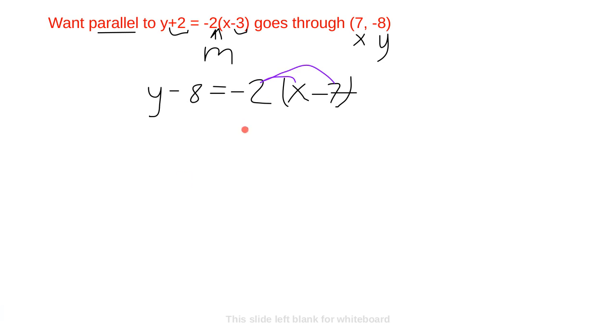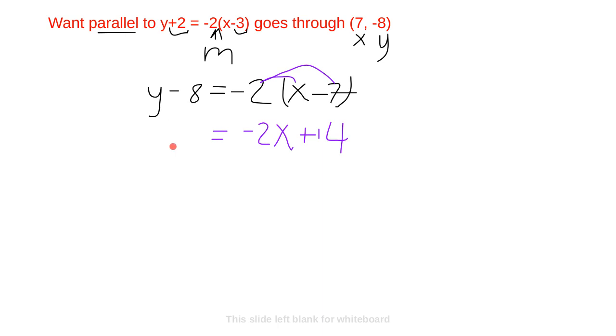No? Okay, so negative 2 times x is literally just negative 2x. And then negative 2 times negative 7 is positive 14. Writing with my finger takes such a long time. I'm sorry that I have to do that. That's what my options are.